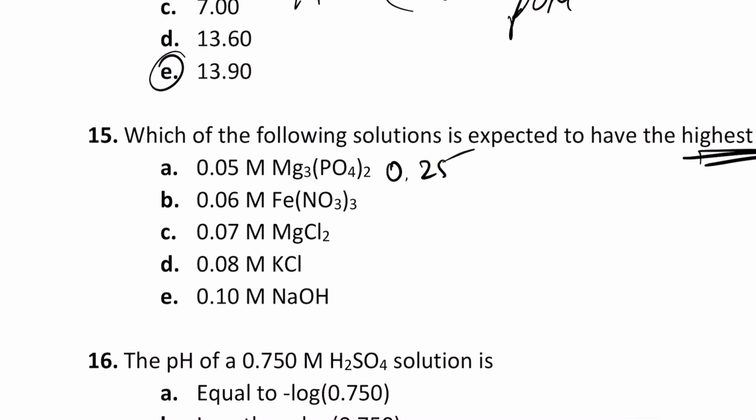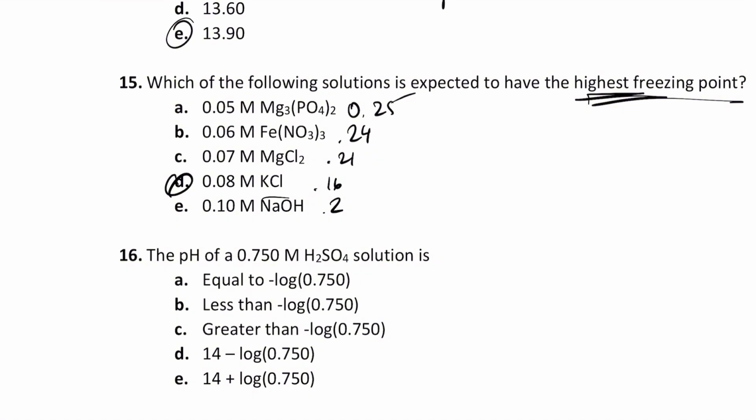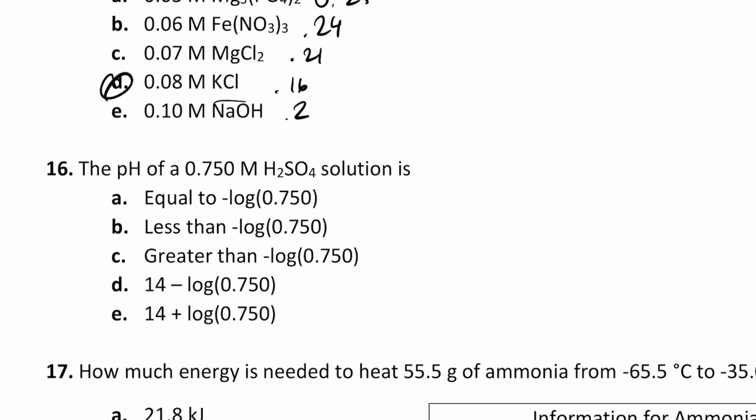All right, this is 0.124, right? This is 0.21. This is 116, and this is 0.2. So D would be your answer because you're adding less amount of ions to this. Perfect. All right, let's continue.